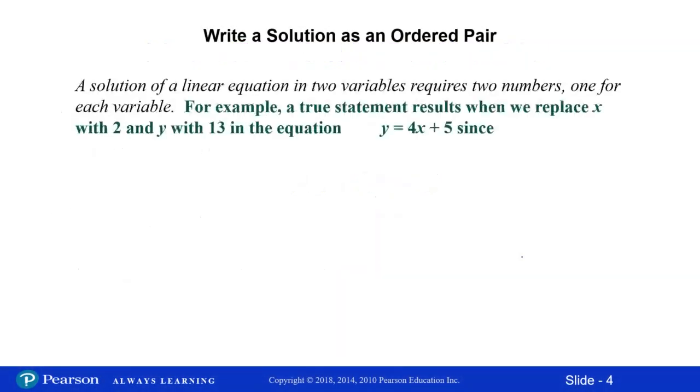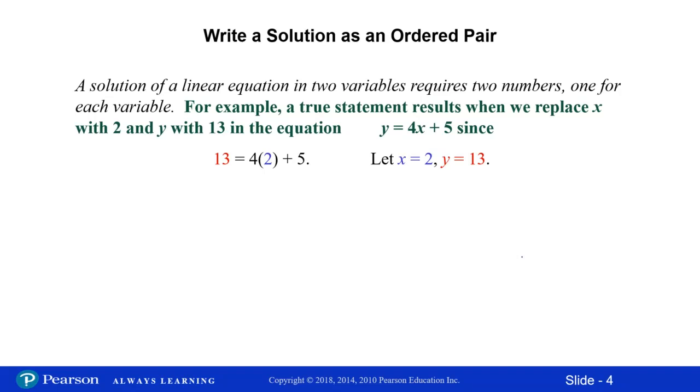Let's write a solution as an ordered pair. A solution of a linear equation in two variables requires two numbers, one for each variable. For example, a true statement results when we replace the x with 2 and the y with 13, and the equation is y equals 4x plus 5. So in this case, I'm going to replace my x by 2, and I'm going to replace my y by 13.